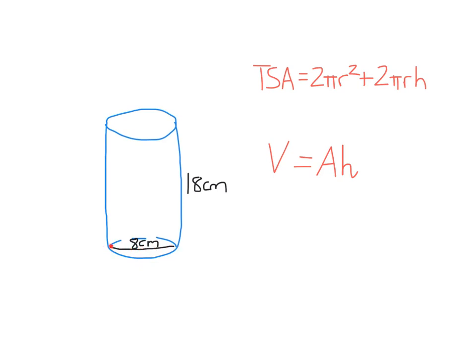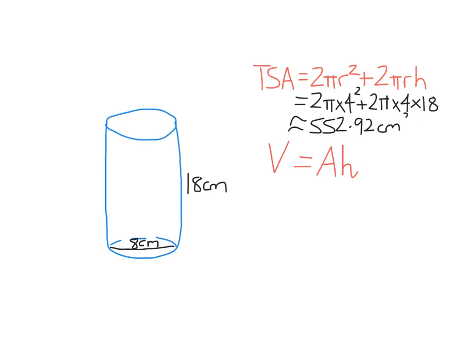This is the diameter of the circle, so the radius would be half that. It would be 4. So it would just be 2 pi r squared plus 2 pi r h, and we can put that straight on our calculator. Putting that on our calculator, we get about 552.92, and of course surface area is in units squared, centimeters squared.